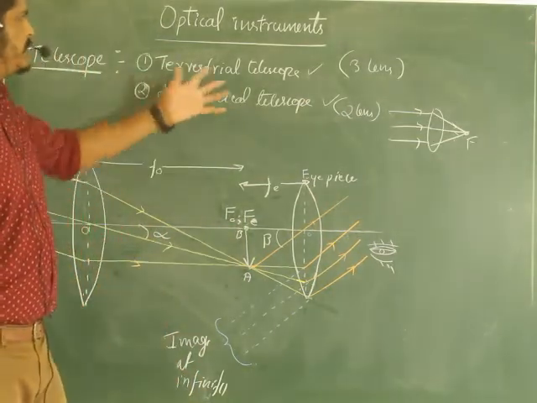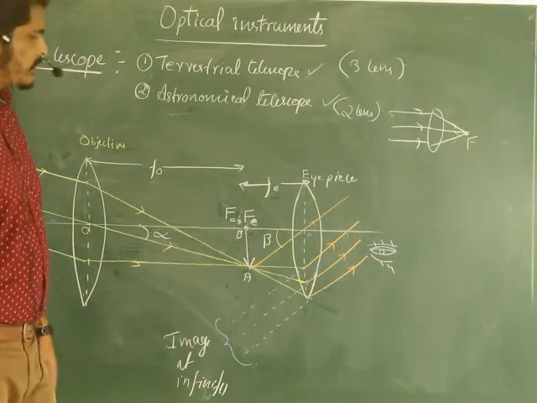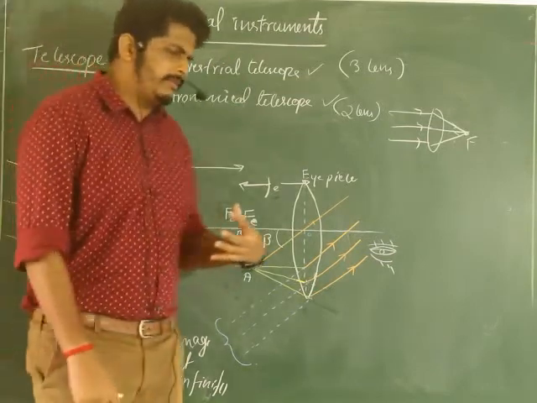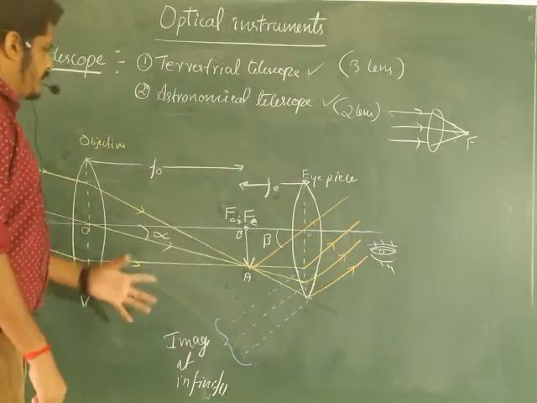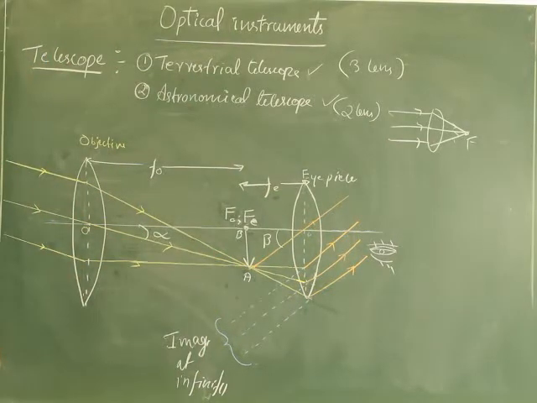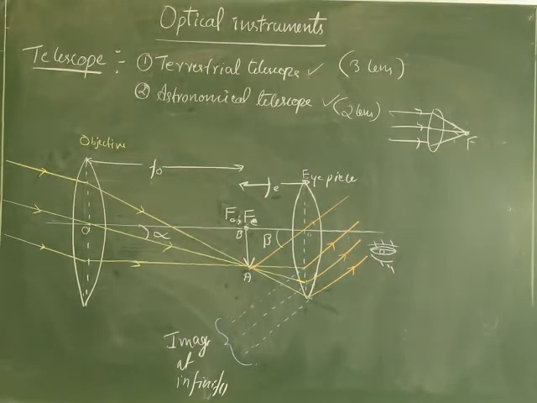How many lenses will be there in a terrestrial telescope? Three lenses. Why? Because they have to make the inverted image erect again. That is why one more lens will be used in between. So that is all about the telescope concept. I think this is clear for you people.